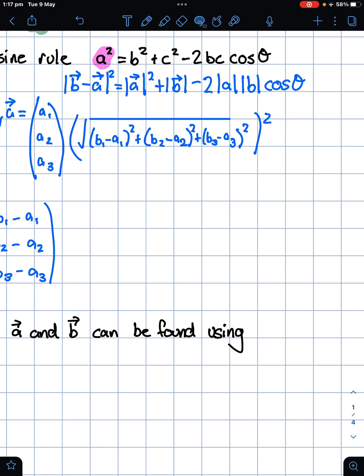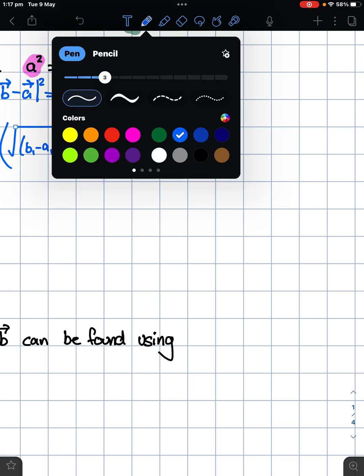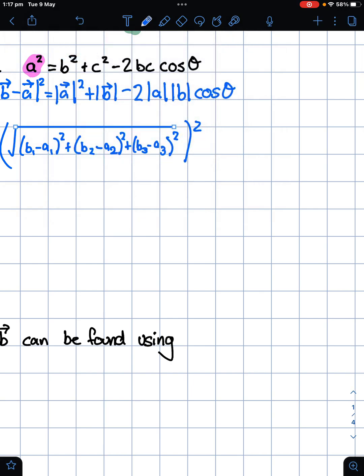Okay, so we've got that all set up there. Let's just stretch this so the notes look a bit better. And luckily the square root and the squared here are going to cancel.